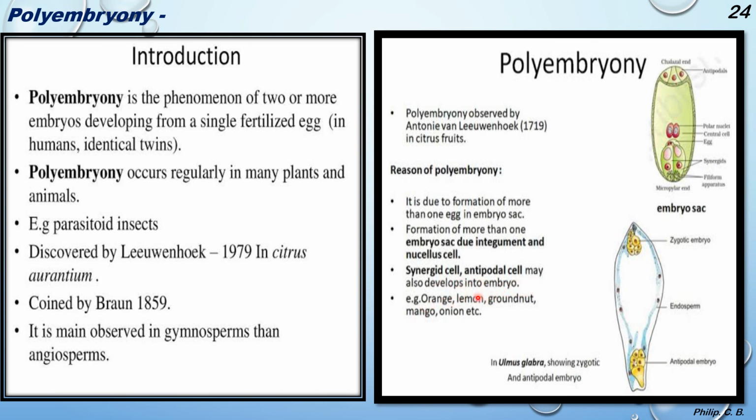So synergid and antipodal can also get converted into embryo. That's one of the reasons for polyembryony. Examples: orange, lemon, groundnut, mango, onion, etc. So you can see here the zygotic embryo, and as we just learned, in case of synergids or antipodal cells, even they can be converted into embryo.